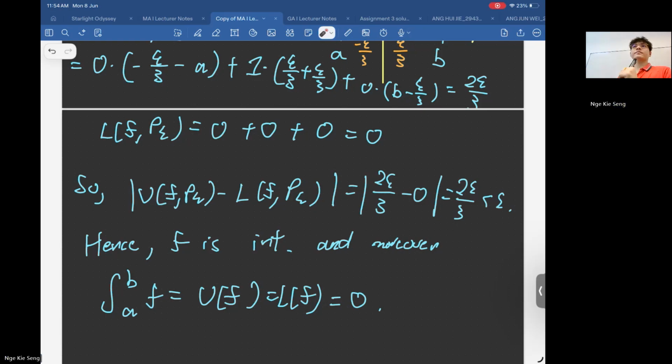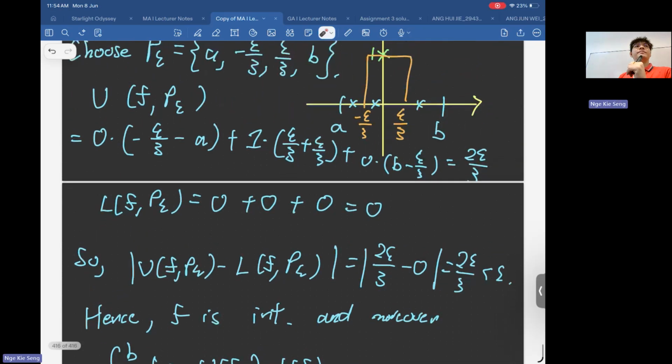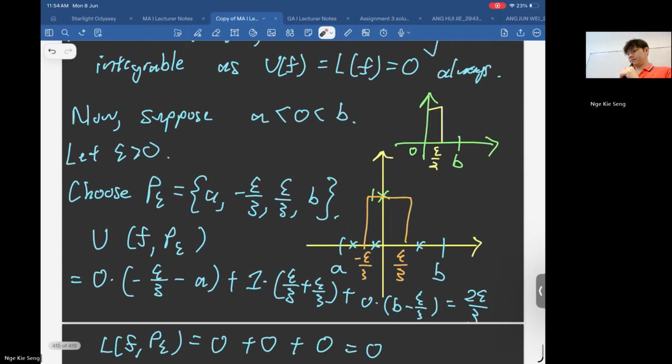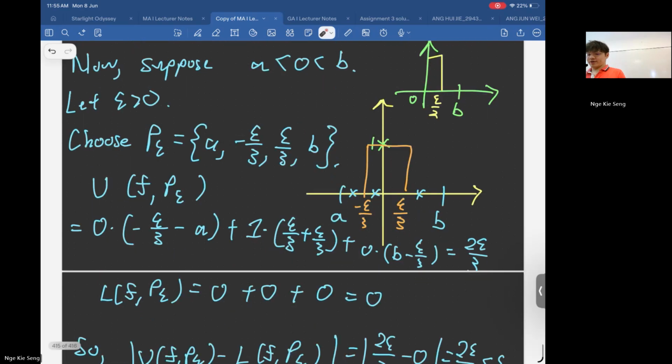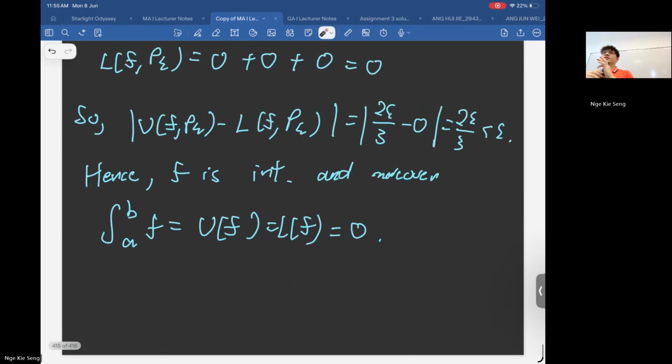So this function is integrable and the integral is 0. No question?